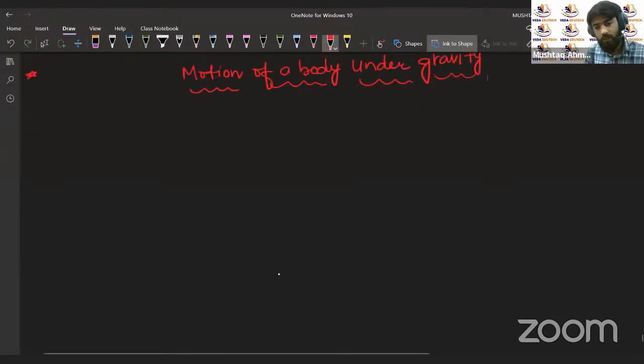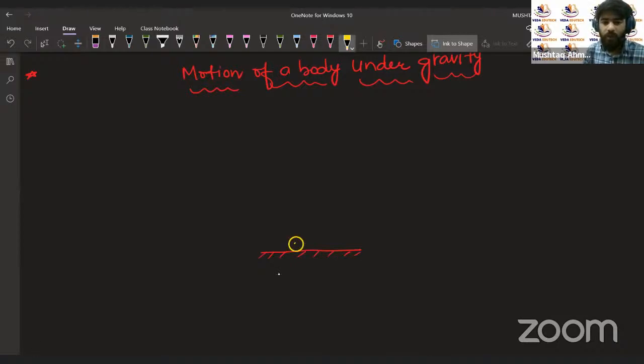Let's suppose that this is the ground here. And what we are doing is that we are projecting a body vertically upward with velocity, let's suppose the velocity is u.